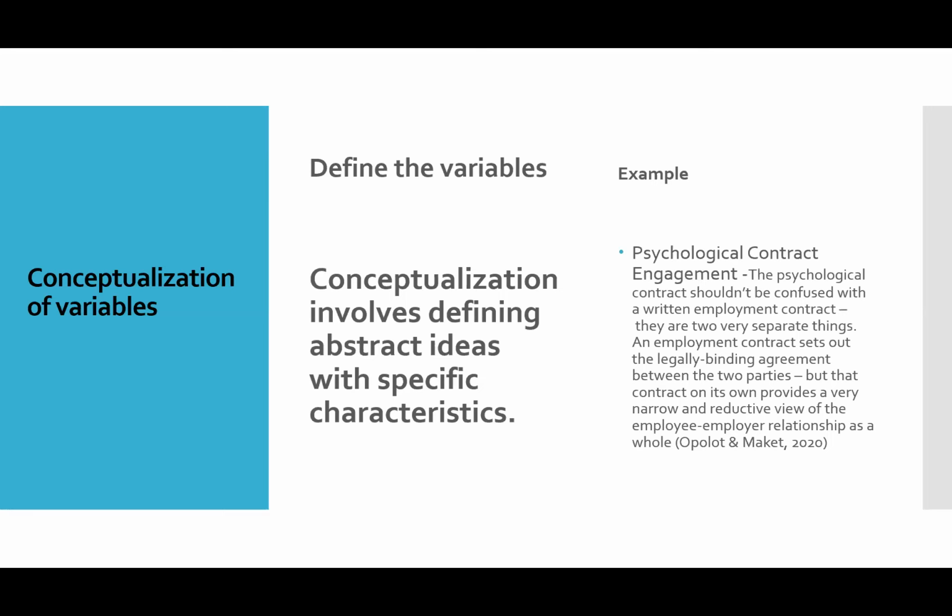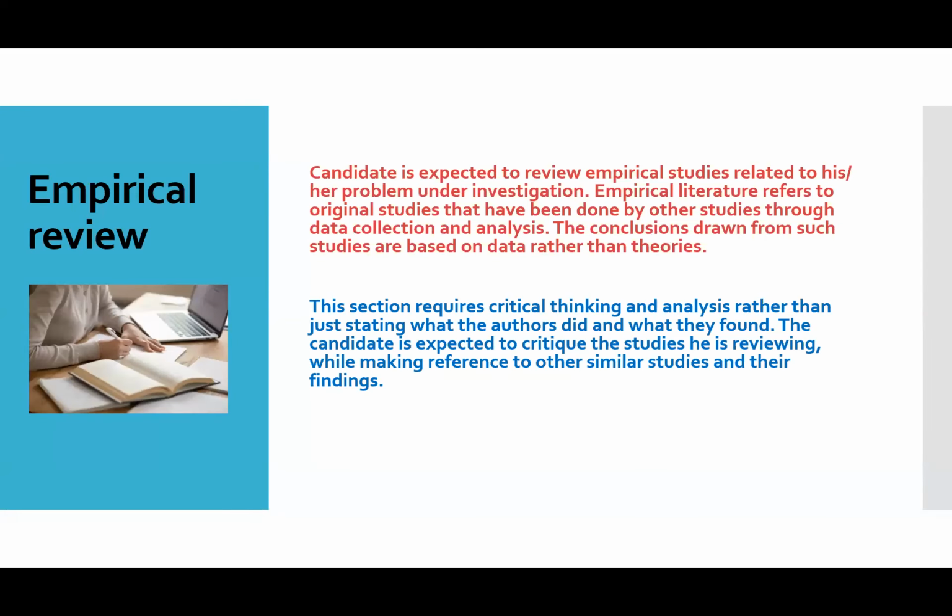You probably have 4 variables or 2 variables or 5 variables. It depends on what you are looking at, but you introduce them, you explain them in chapter 2. So item number 2 that you have is conceptualization, and then you go with the empirical review.